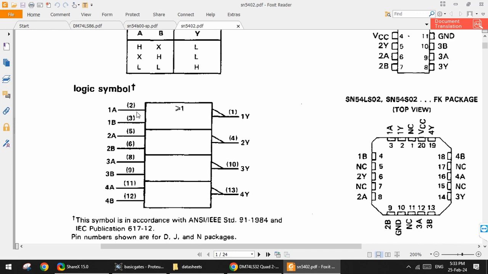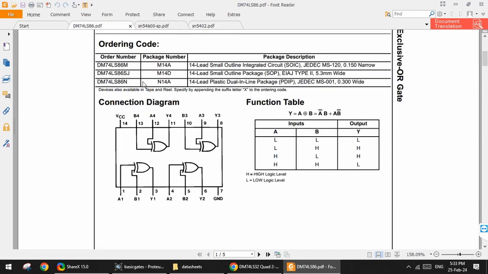Here the input pins are pin 2 and 3 and the output pin is 1. If we see this IC of exclusive OR, the input pins are 1, 2 and the output pin is 3. So it is not always the case that the input pins are going to be numbered 1 and 2 and the output is 3. For 2 input gates, it might be that the input pins are 3 and 2 and the output pin is 1.